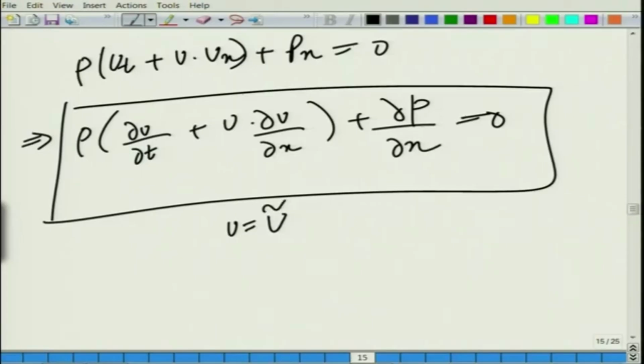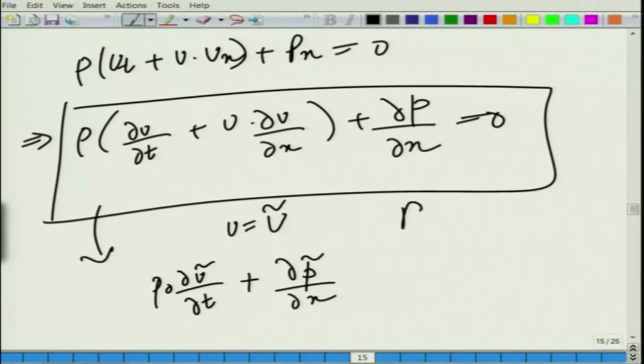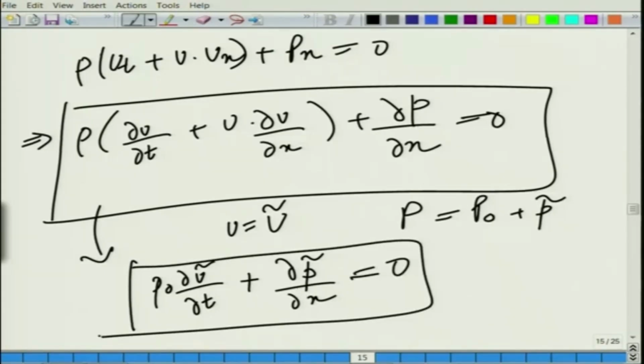What it would mean is that this equation will further simplify to this thing plus your p tilde, because remember p is equal to p naught plus p tilde, and we are not assuming any gradients of the pressure as we go across the axial direction. We will eventually be left with this equation, the linearized one. And similarly, we can get a linearized version of the continuity equation and the isentropicity relation.